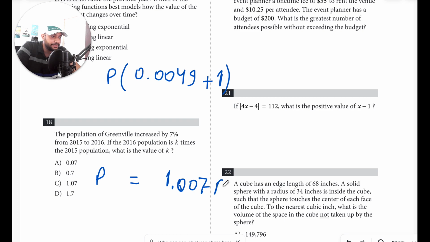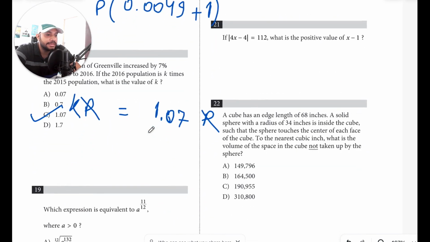This is the thing, increases by, okay, and 2016 population, this is equal to k times P. P and P cancelled, k is 1.07, not 1.007 but 1.07, because 7 over 100 is not 0.007 but 0.07, so 1.07. Okay, question number 18. Question number 19.